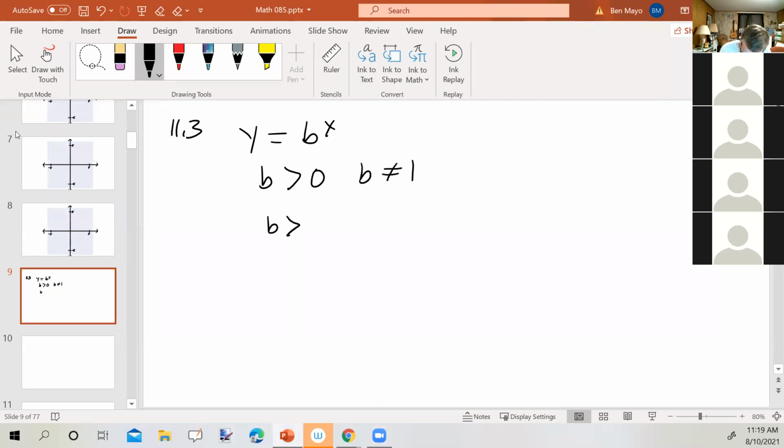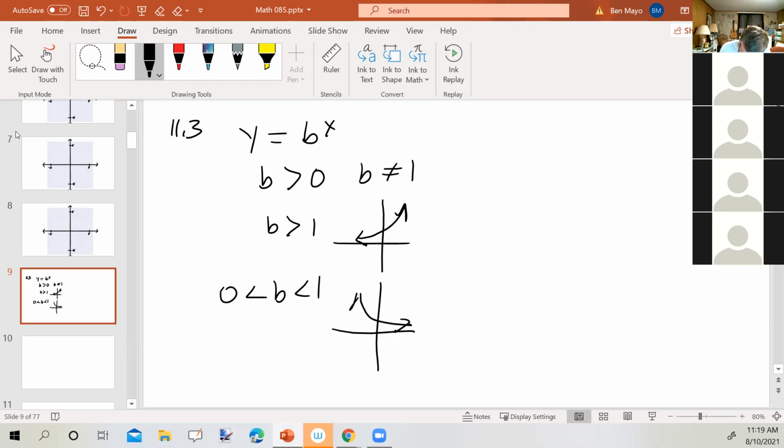If the base is greater than 1, we get an increasing exponential function. If the base is between 0 and 1, we get a decreasing exponential function. Okay. All of the exponential functions of this type have the following characteristics.